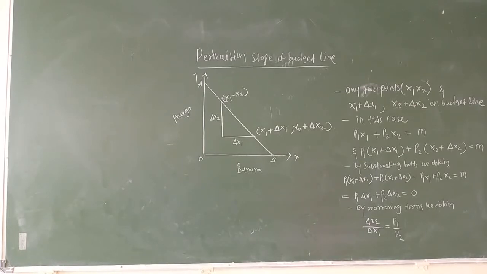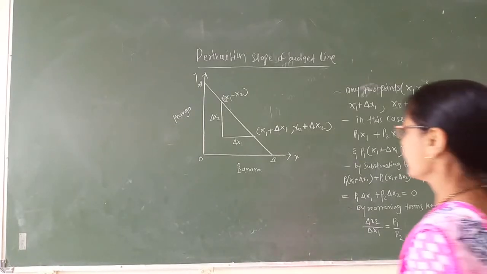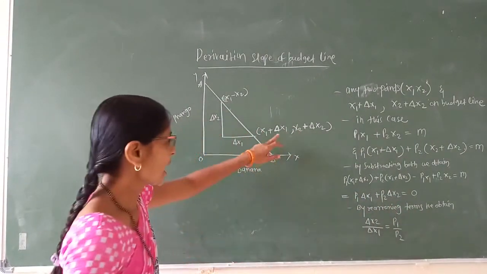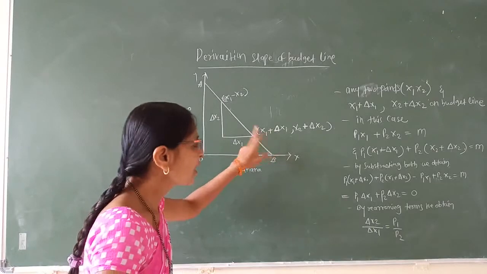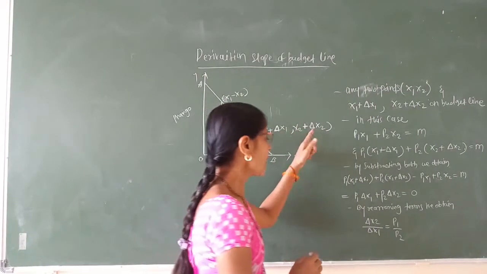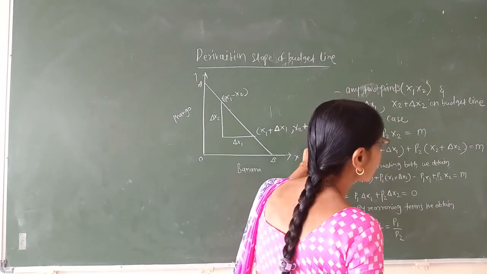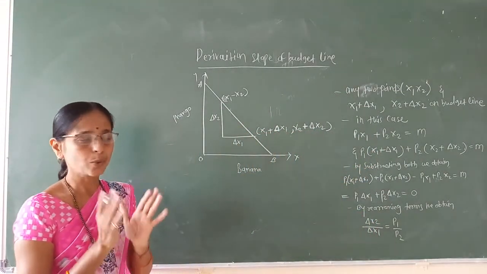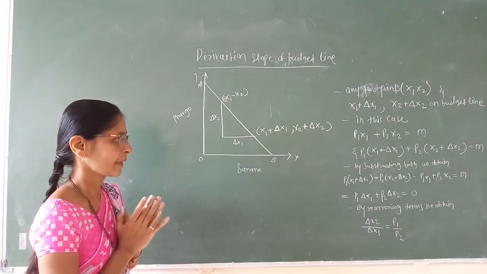So here, delta x1 stands for change in the x1 commodity, and delta x2 stands for change in the x2 commodity.